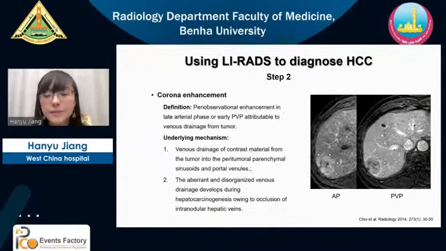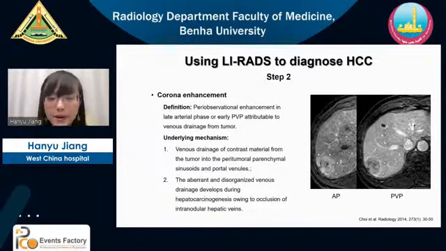Corona enhancement. Corona enhancement is defined as peri-observational enhancement in the late arterial phase or early portovenous phase attributable to venous drainage from the tumor.